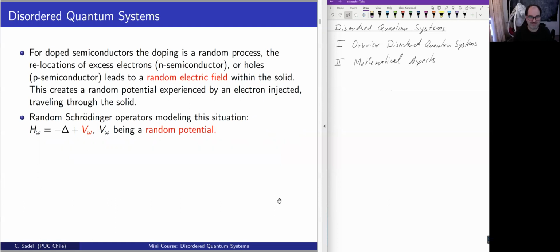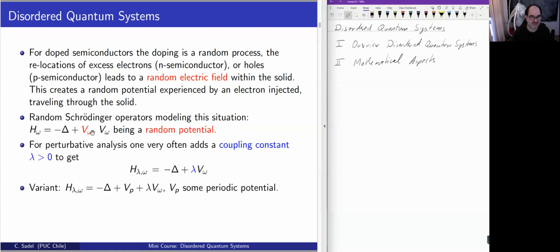When you do this, the valence electrons will relocate a little bit in the whole solid, and this will create a random electric field. And this random electric field creates a random potential for an electron that you inject into the material. So when you look at electrical conduction, for instance, the electron travels through the solid, and you will experience a random potential.